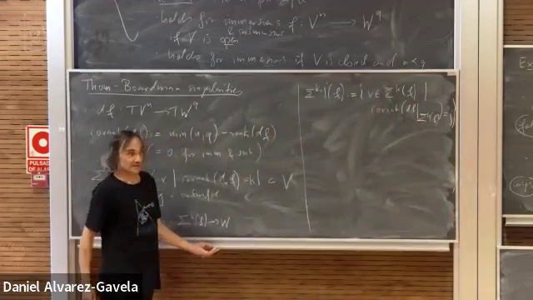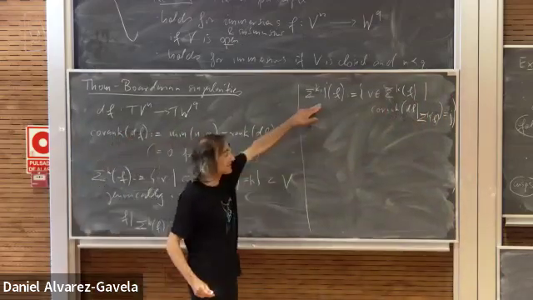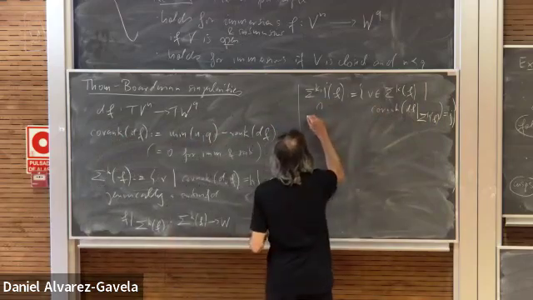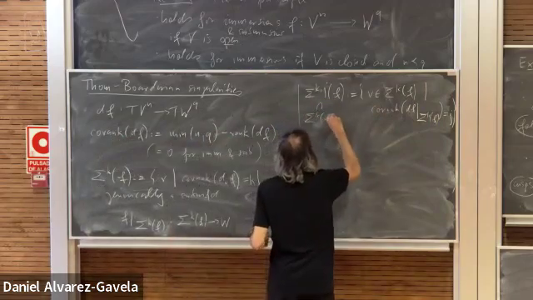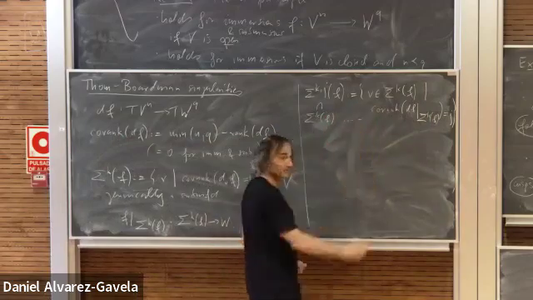Okay, so again, generically, this will be a submanifold in sigma k of f, and you keep going.